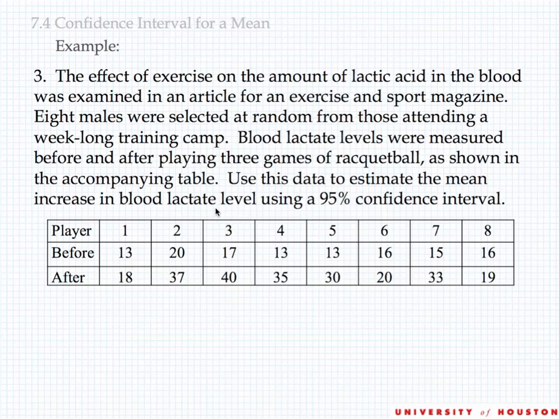Now the key word in this problem is that we're looking for the mean increase in the blood lactate level. So to figure out the increase, it will equal our after values minus the before values. So let's subtract those in our chart.